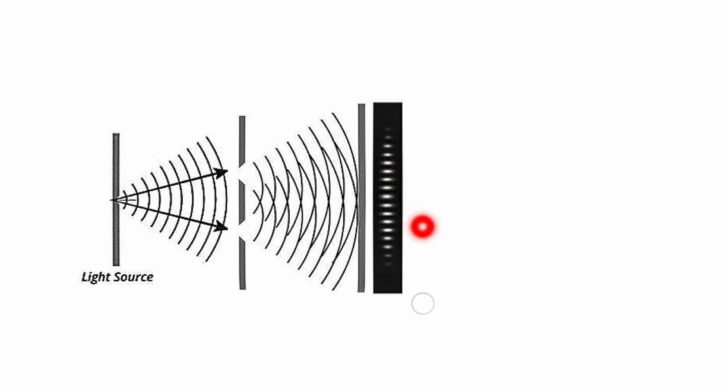Now this is because the crest of one wave falls on the trough of the other wave, and so the resultant amplitude and hence the resultant intensity of light becomes minimum at these points. And because this is due to the destructive interference of light, these points correspond to positions of dark fringes.